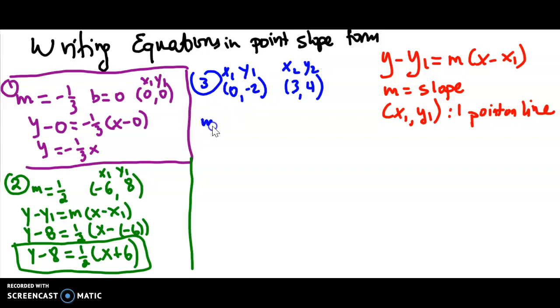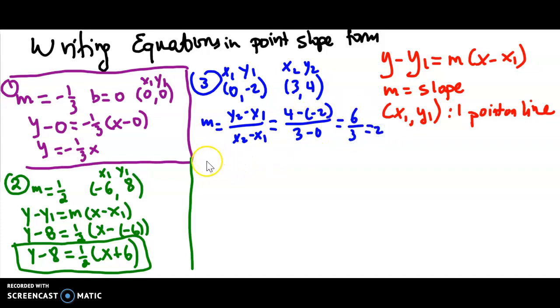I'm reminding you, slope formula is y2 minus y1 over x2 minus x1. So if I substitute, y2 is 4, y1 is negative 2, my x2 is 3, and my x1 is 0. If I clean that up on the top, I have 4 plus 2, which is 6, over 3, and that is 2. So my slope is 2.